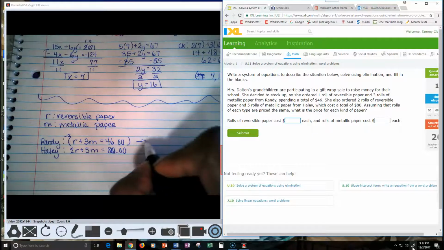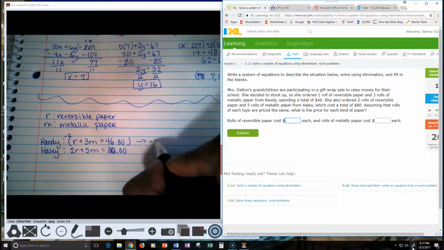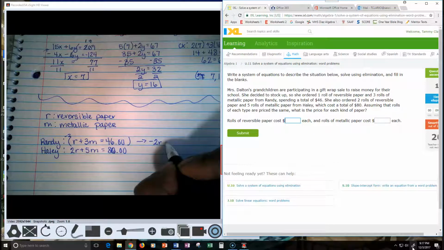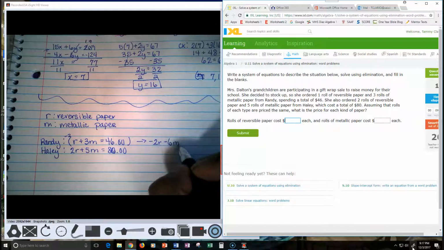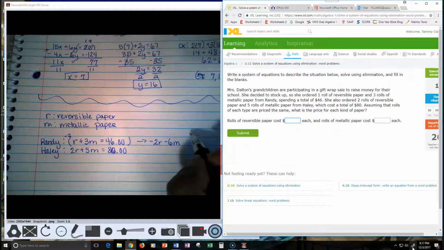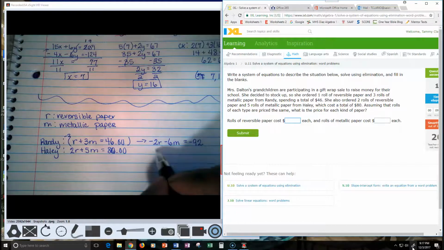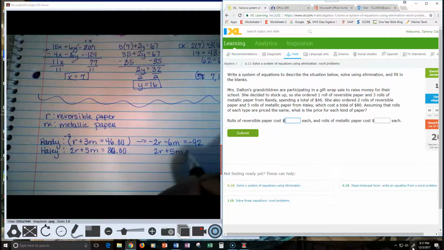So -2 times r is -2r. -2 times +3 is -6, so that's -6m. -2 times 46 is -92. I'm not going to put the dollars on there. So then I have 2r plus 5m is equal to 80.